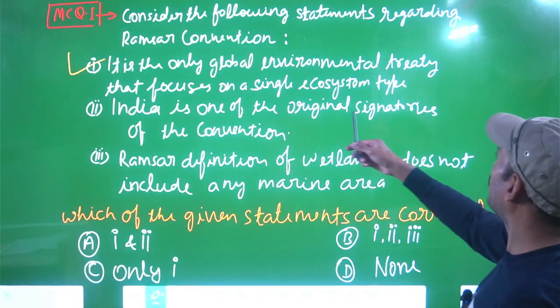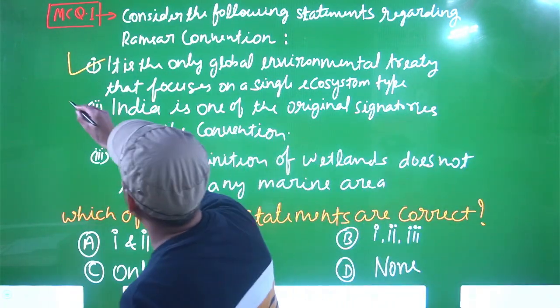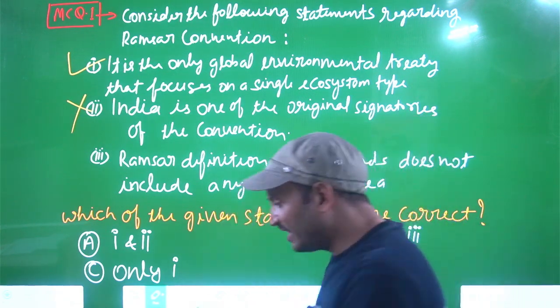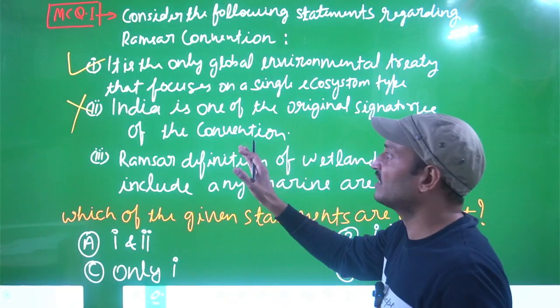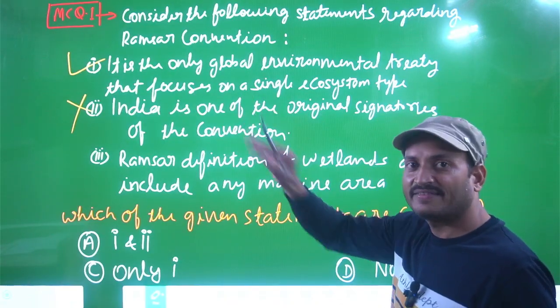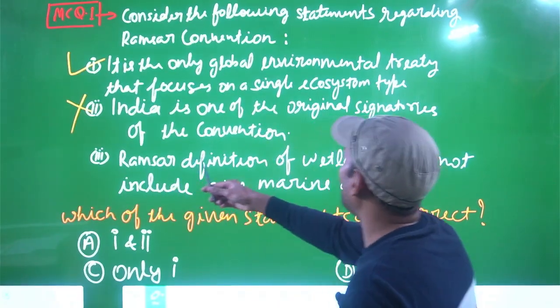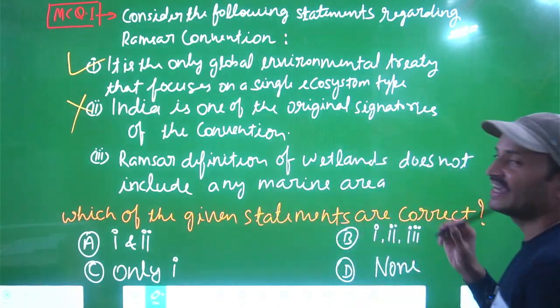Now we see the second. India is one of the original signatories of the convention. No, this is not right, because India became party to the Ramsar Convention only in 1982, whereas this convention was signed in 1971. Now, the third statement says the Ramsar definition of wetlands does not include any marine area.